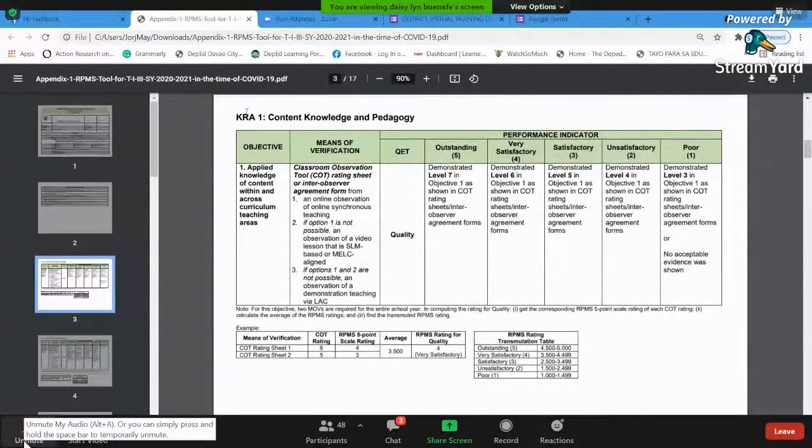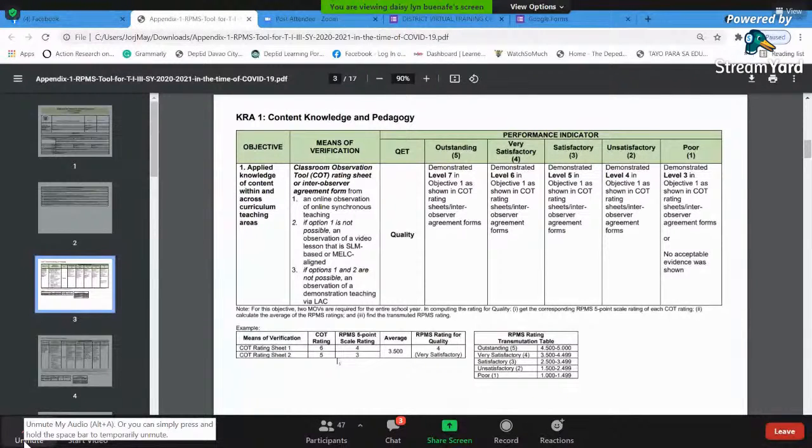So if you get a score of 7 in your COT, you are outstanding in the performance indicator in the RPMS 5-point scale rating. How do you get outstanding? Demonstrated level 7 in objective 1 as shown in the COT.